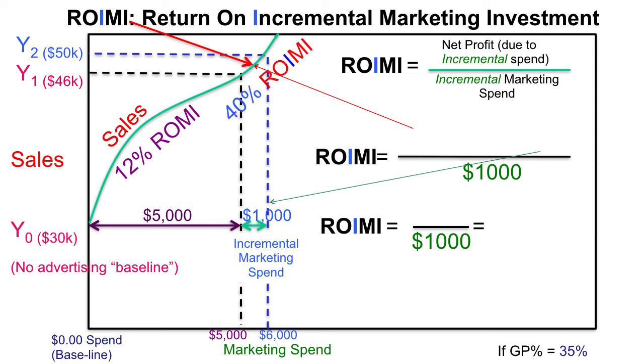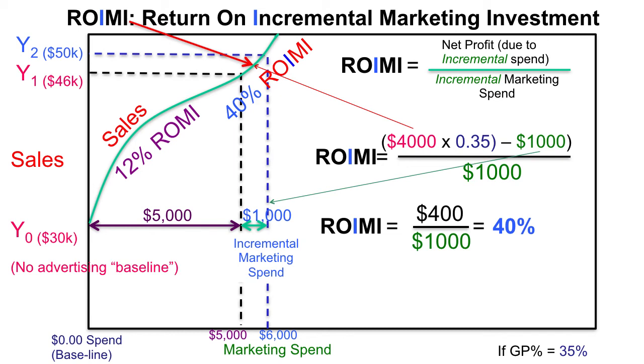Okay, and we can then plug in that change from the 46,000 up to 50,000 is the 4,000 additional sales times our GP minus the cost of the campaign divided by the cost of the campaign, and we're sitting at a 40% return on incremental marketing investment. Great little bit of marketing to explain to the rest of the team why you did so well and why you should keep spending.